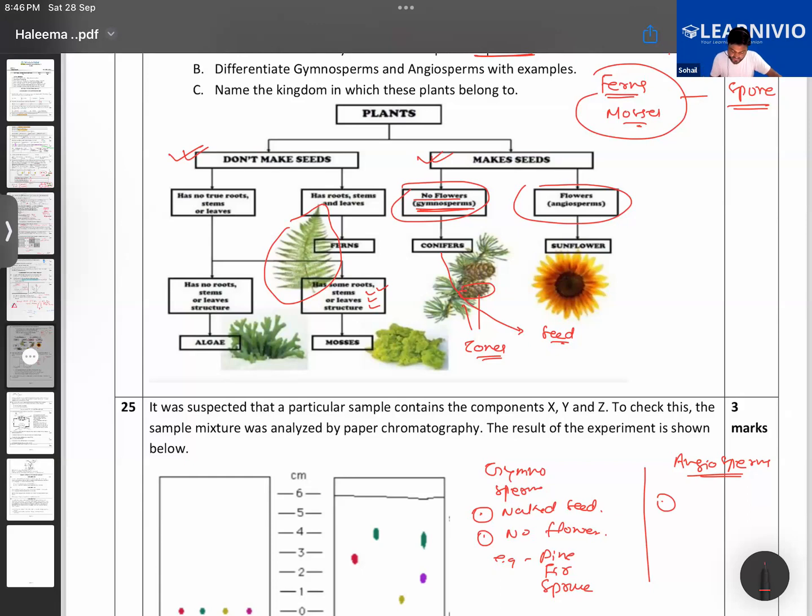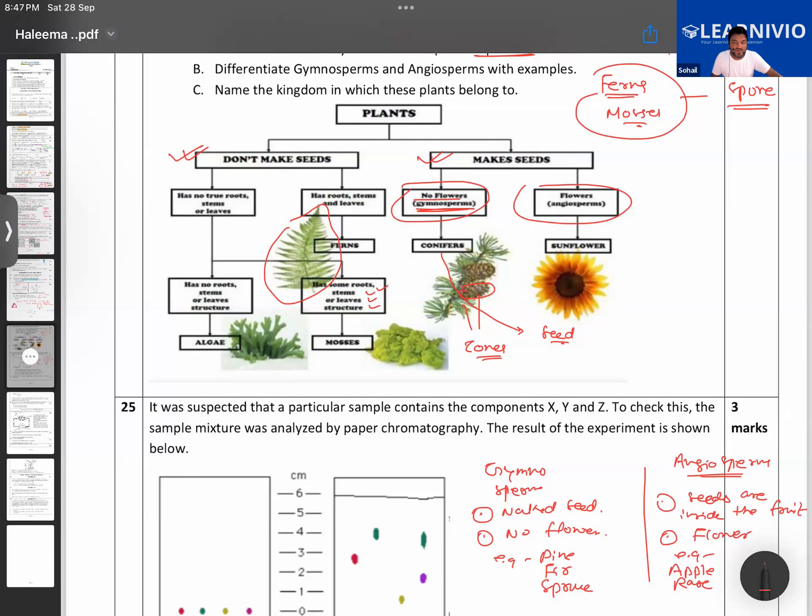The seeds will be inside the fruit, I mean to say. Plus, they have flowers. They bear flowers. We have the example of apple, or rose, or sunflower.